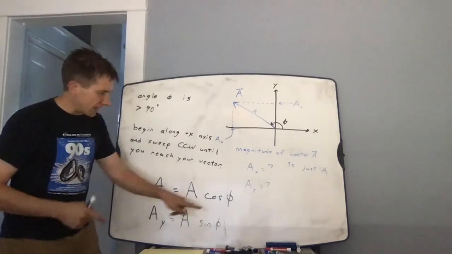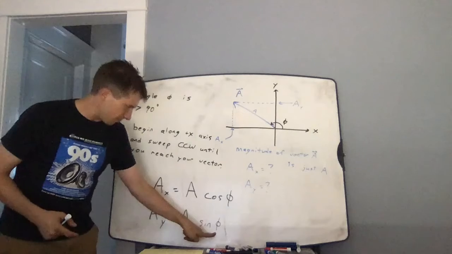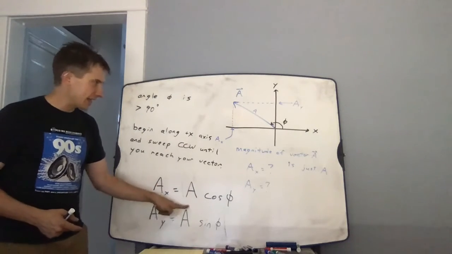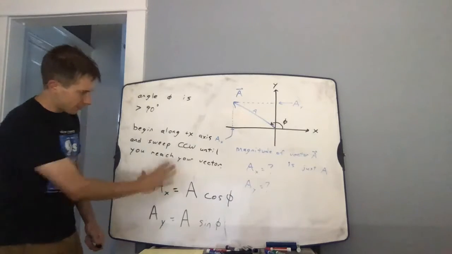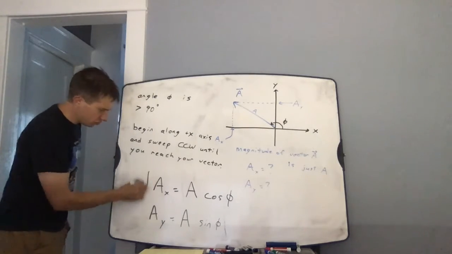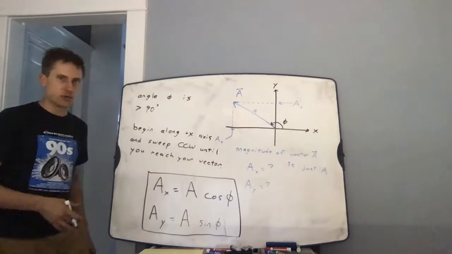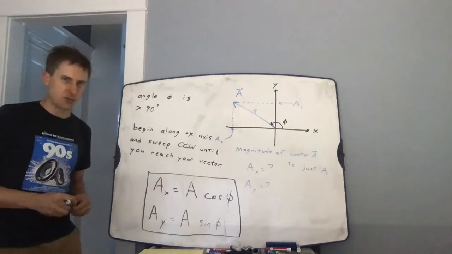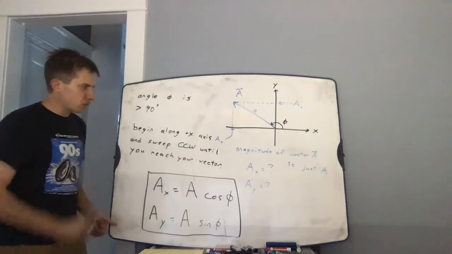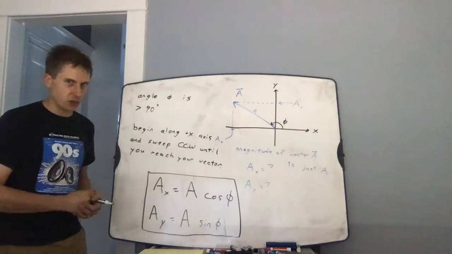Here, phi is this angle bigger than 90 that we had to sweep, and capital A is the magnitude of A. Okay, this is the result. Usually in this course, when we need to break a vector into its components, this method is going to be the easier method to work with. I gave you the result. What is the justification for this result?